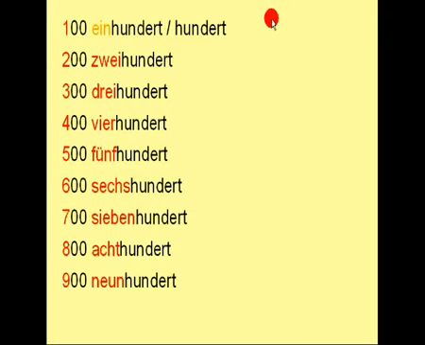And we no longer put an "and" between the compound numbers, but just write them together as you can see here. 100, 200, 300, 400, 500, 600, 700, 800 und 900.